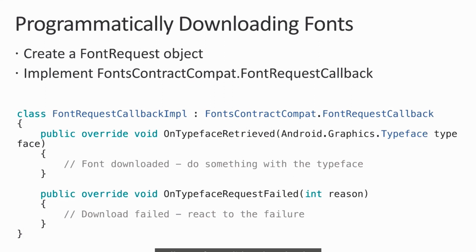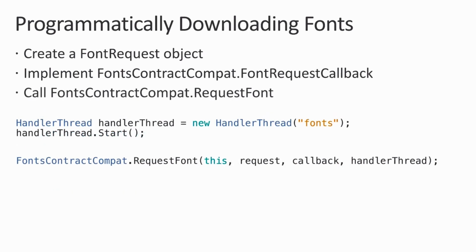Well, your fonts didn't download, so your app has to react accordingly. Maybe you just use the default system fonts, maybe it doesn't work. Again, this is up to the specifications of your application. Then when you have those 2 pieces in place, you can then proceed to actually go ahead and download the fonts. Now, of course, as we know, we shouldn't be blocking things on the main thread.